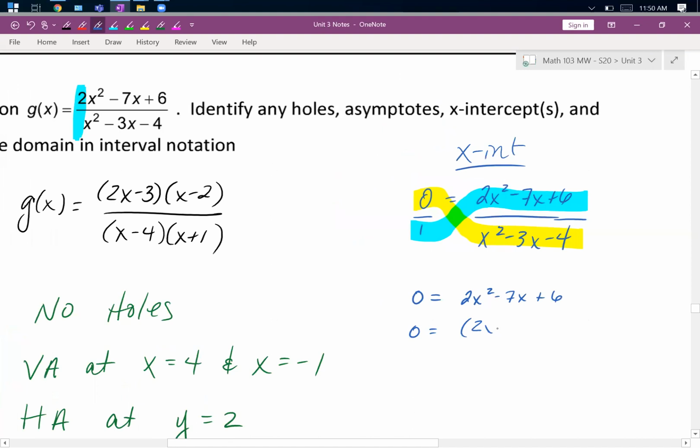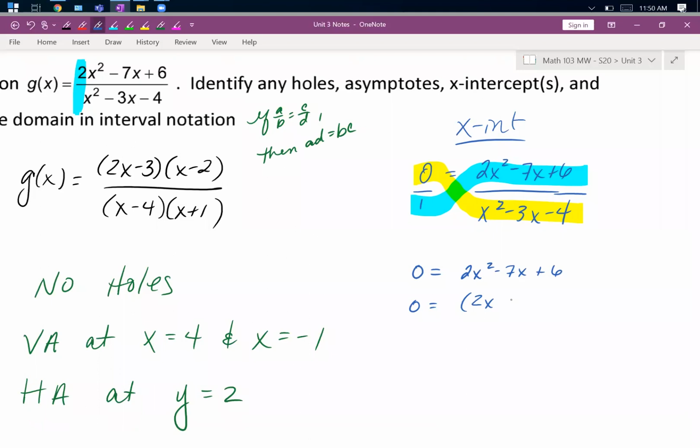Wait, wouldn't that be dividing by 0 though? No, because when you cross multiply, they're equal to each other, not divided by each other. Right, if A over B equals C over D, then AD equals BC. Not dividing.